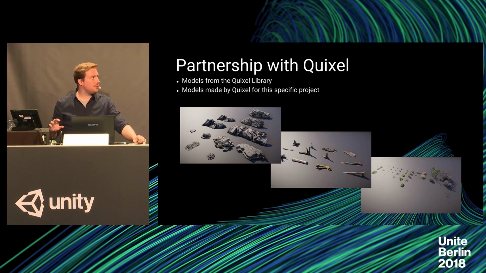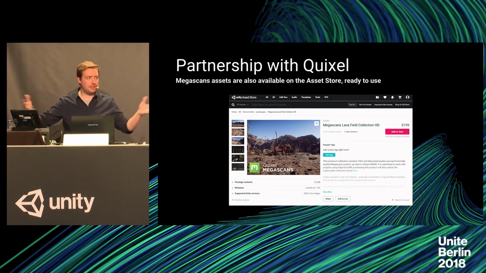They also allowed us to redistribute all of that. So in the package on the Asset Store, you will be able to reuse all of the assets in there for your own project, without any restrictions. Also, if you like these assets, Megascans has put some packages on the Asset Store where you can buy them and create more scenes using them.